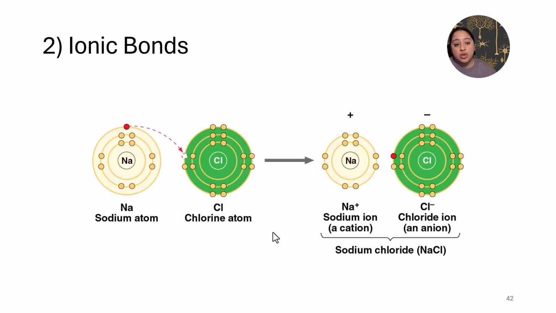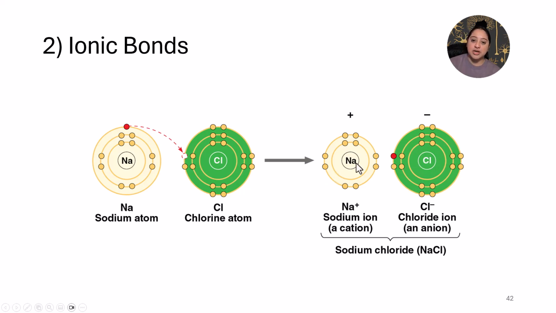So chlorine is very electronegative and just straight up steals an electron from sodium. Then each one is an ion: a sodium ion and a chloride ion.